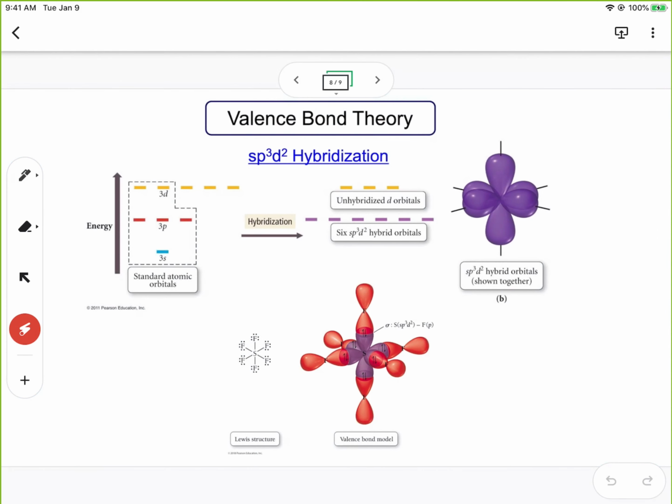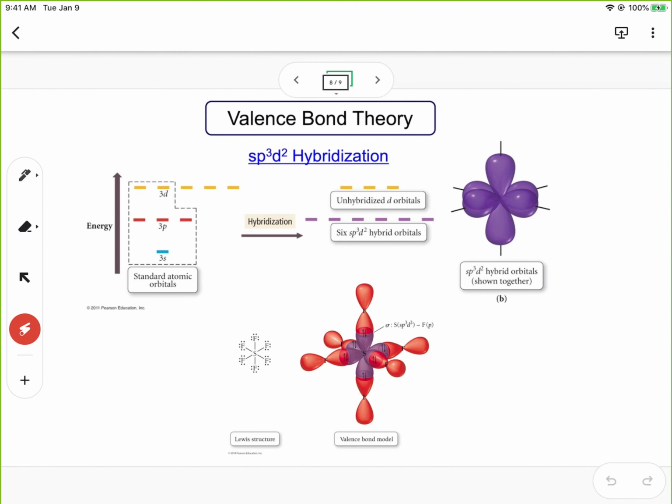The next slide is going to be sp3d2 hybridization. Well, in this case, 1 s orbital, 3 p orbitals, and 2 d orbitals will be involved to form 6 equivalent orbitals, to form this octahedral geometry. One good example is SF6, a very heavy molecule.